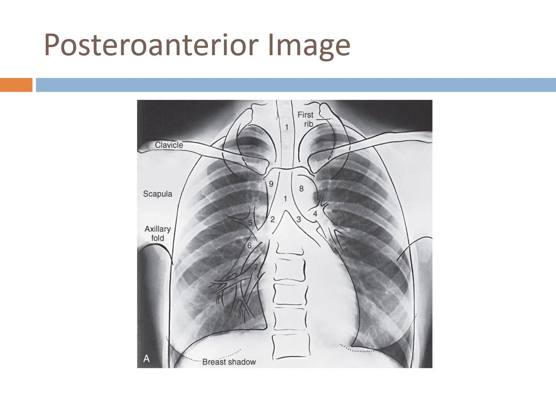The carina is generally located between the space of T4 and T5. Okay, so if you find the thoracic vertebrae between T4 and T5, that is where the carina is located. I do think that is actually a test or MRE question.